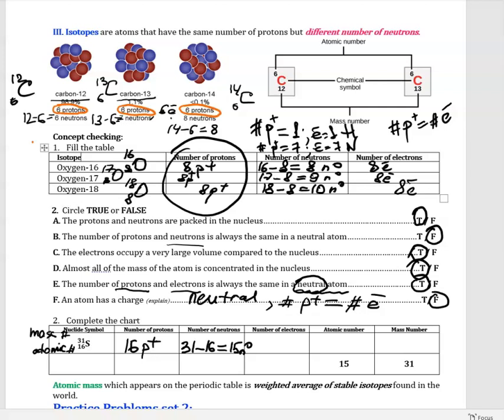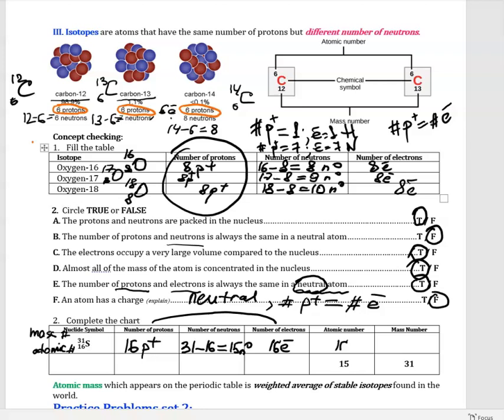Okay, number of electrons. The number of electrons is the same. So the number of protons equals the number of electrons in an atom. Okay, so it is an atom. It has no charge here. Number of electrons the same, 16 electrons.